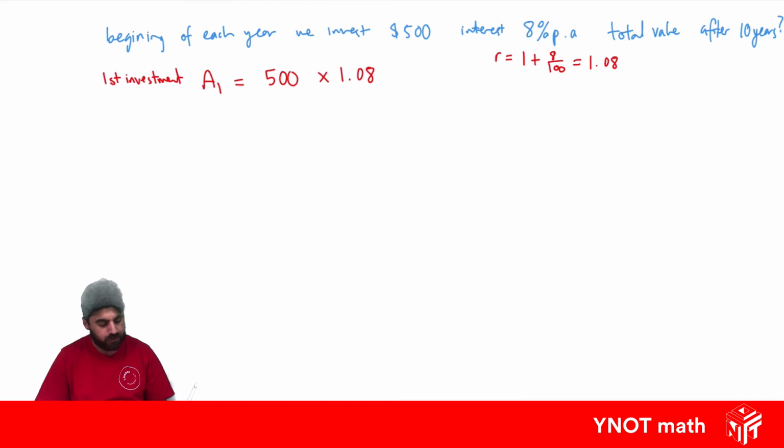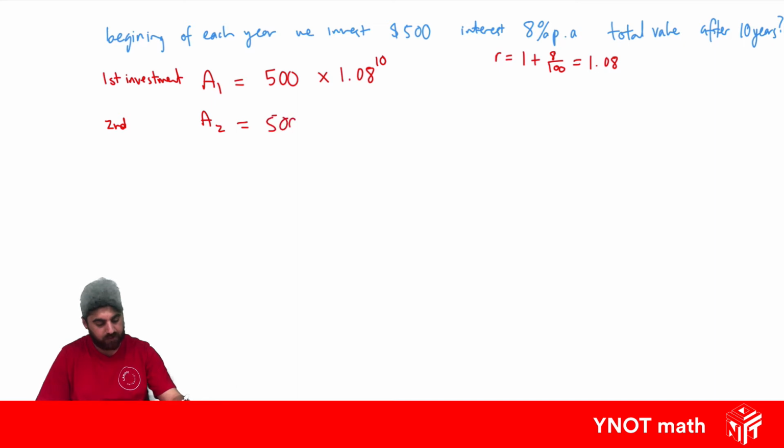And how many times is it going to earn interest? Well, if we invested at the beginning of the year, that is going to be in the account for the whole 10 years. So our first investment is going to earn interest for 10 years. What about our second investment?